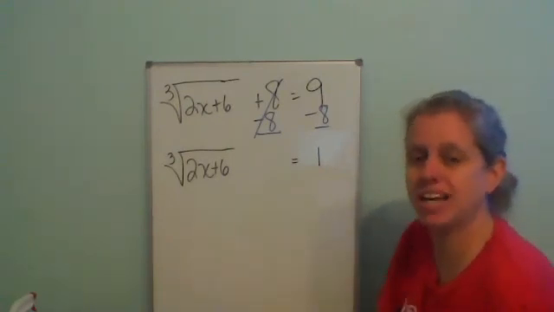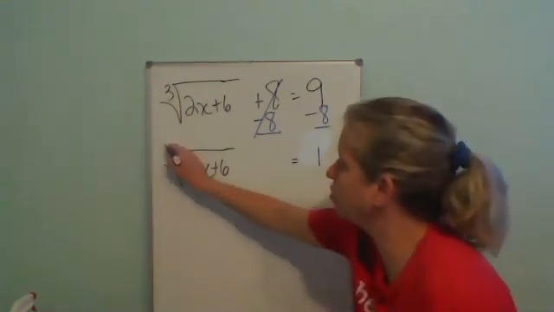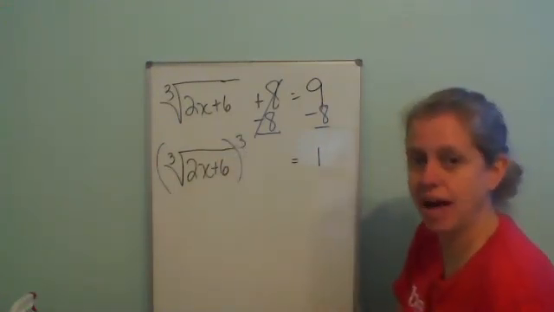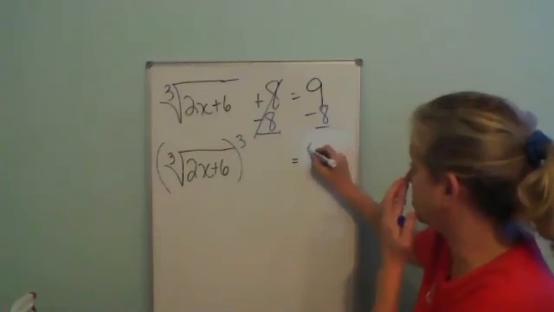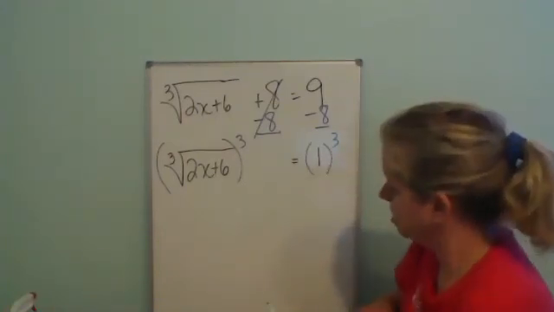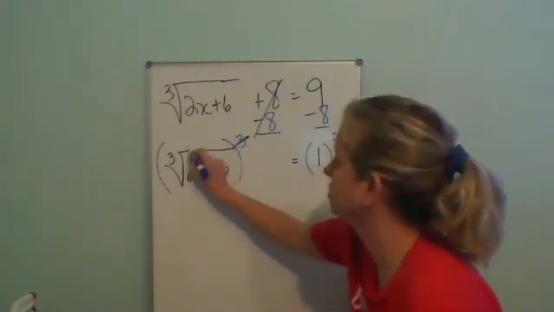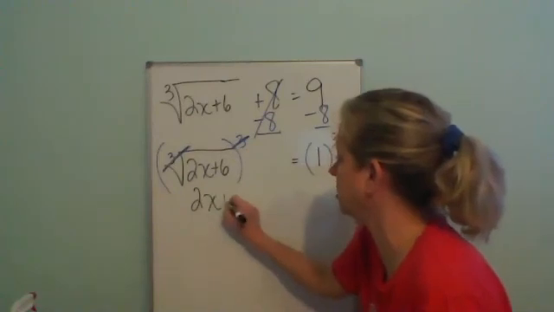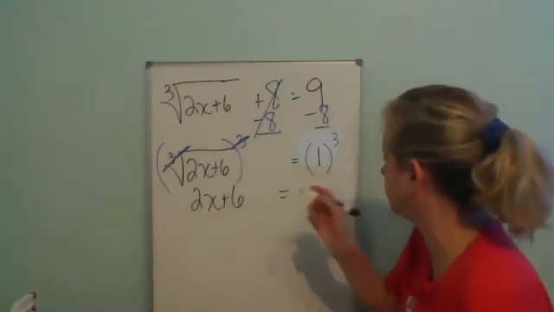Now, remember how we get rid of radicals. Whatever root you're taking, to knock it out, raise it to that same power. So if I raise this side to the third power, I've got to raise this side to the third power. This third power cancels out that cube root, so you're just left with what's underneath here, which is 2x plus 6.